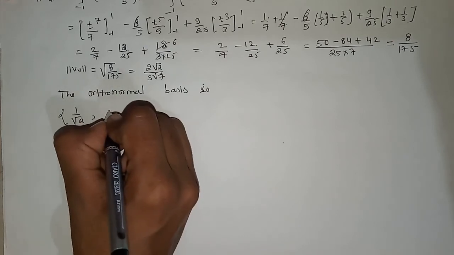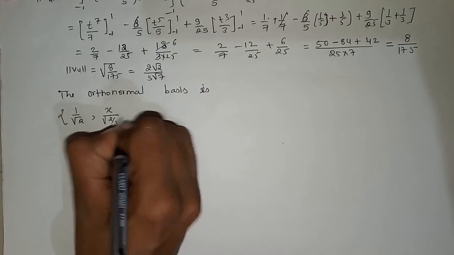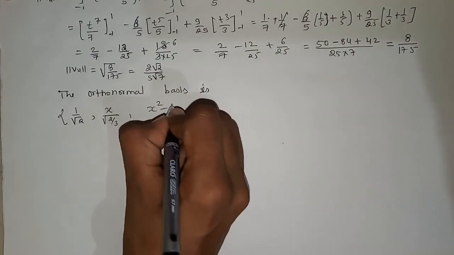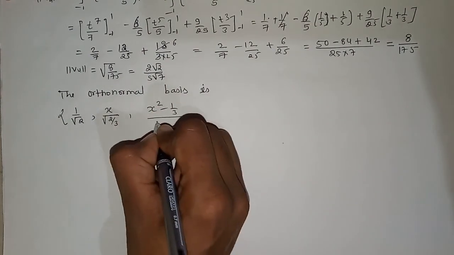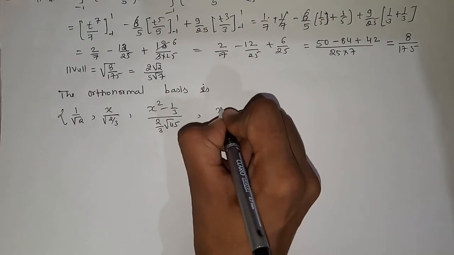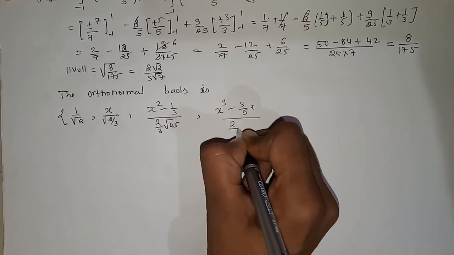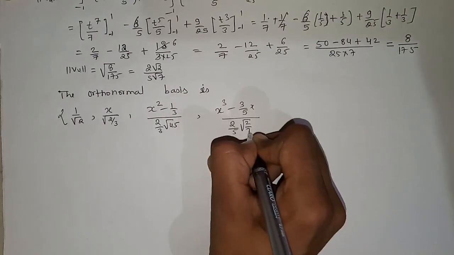Next we have V2 as x upon its norm, so this is 2 by root 3. Next we have x square minus 1 by 3 upon 2 by 3 under root 45. Next we have x cube minus 3 by 5 x upon 2 by 5 under root 2 by 7.